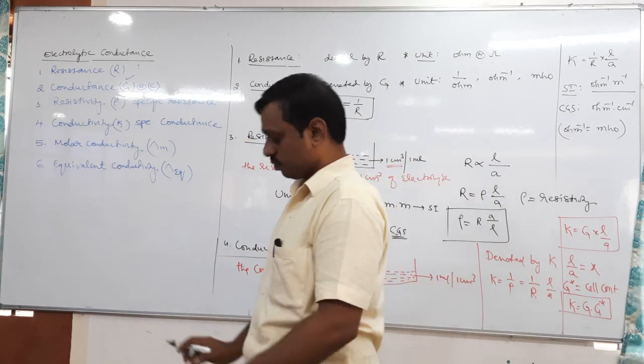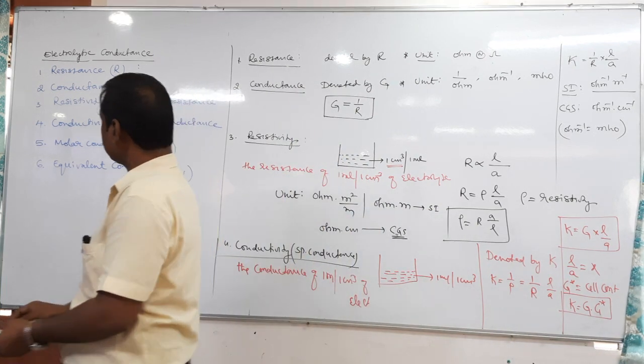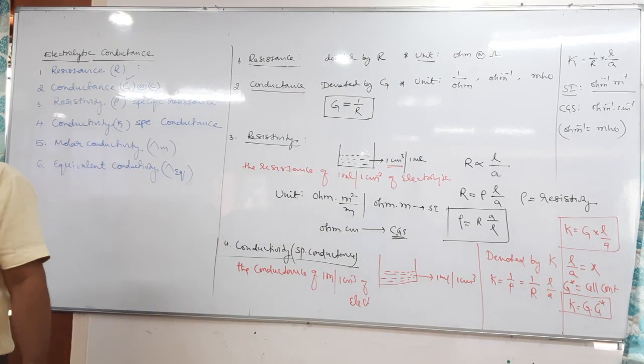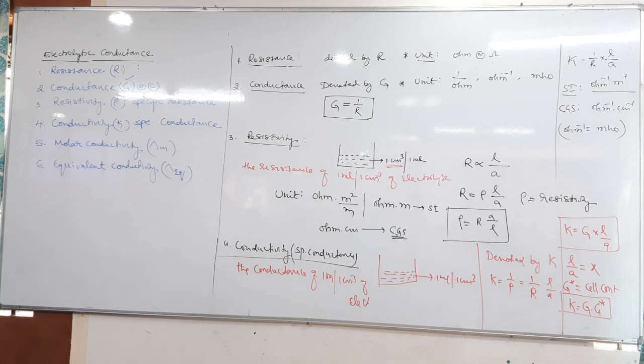But resistance: the property of a conductor which opposes the flow of electric current is called resistance.